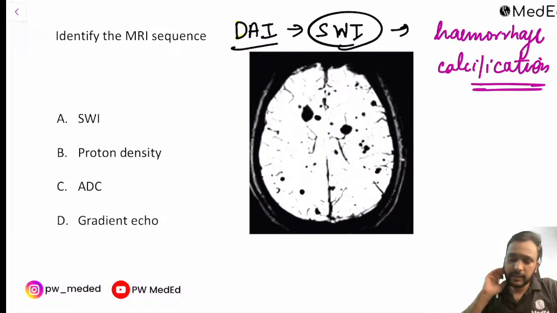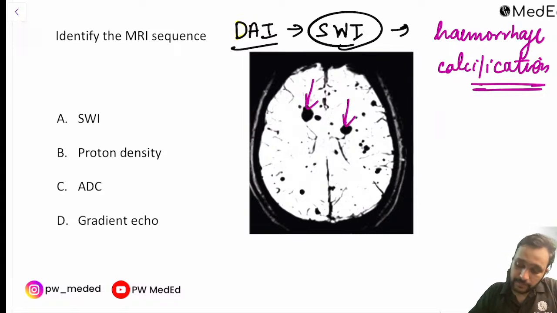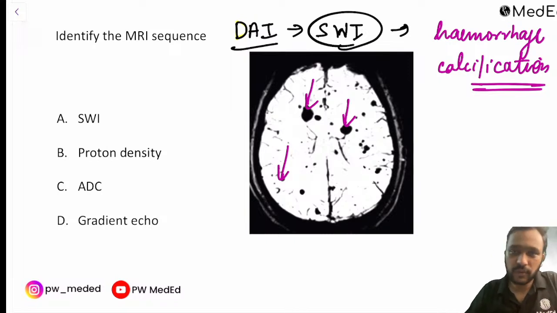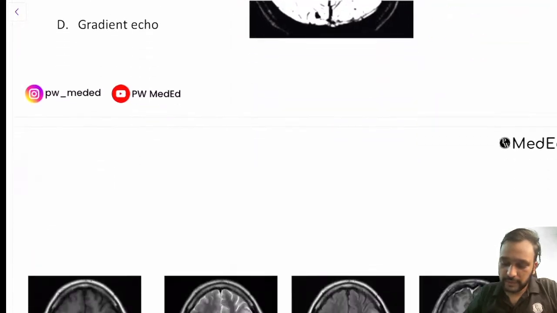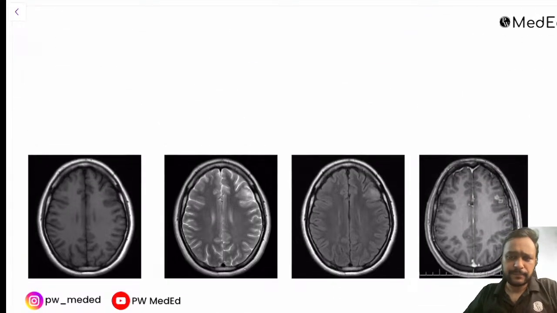And these hemorrhagic and calcific foci appear as black spots, and these black spots are known as blooming foci, right? So in a patient with history of altered sensorium, road traffic accident and a normal CT brain, you are going to see these blooming foci in the gray white matter junction and the corpus callosum, and this will be your case of diffuse axonal injury, right?